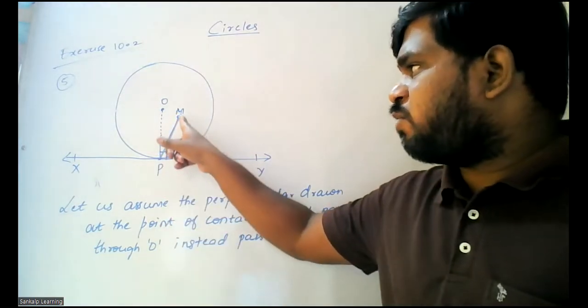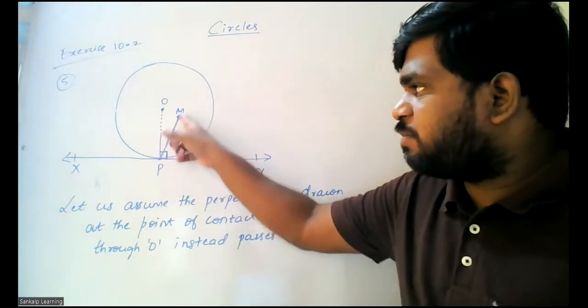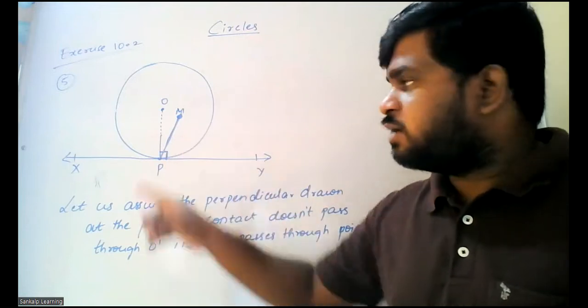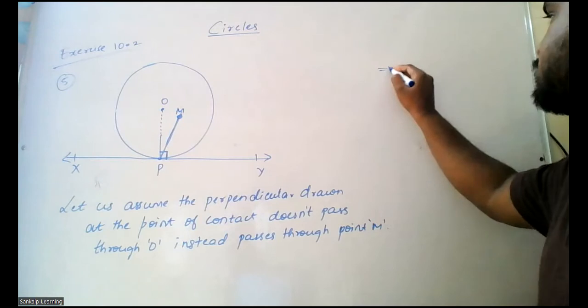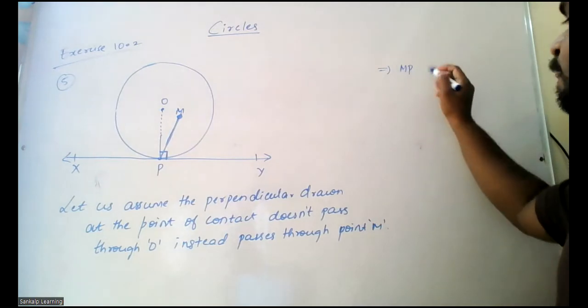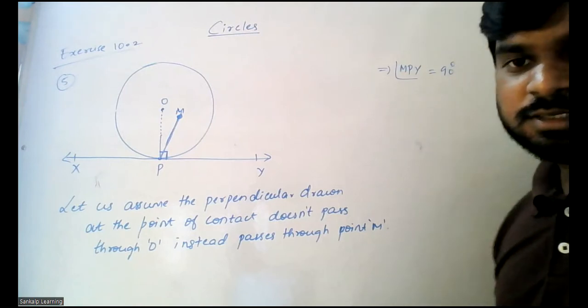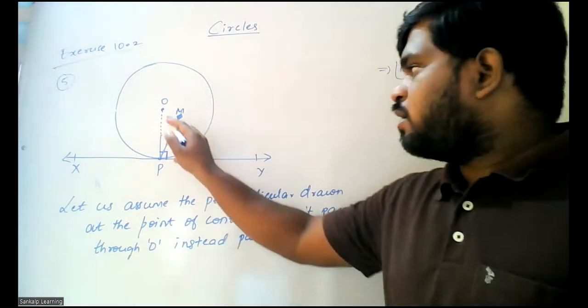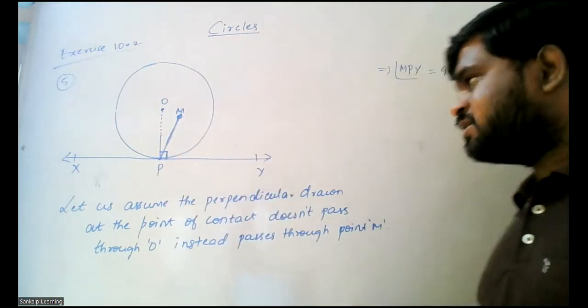If it is perpendicular, what will be the angle MPY? I have assumed this to be the perpendicular. Assume that this line is perpendicular to this. So angle MPY is equal to 90 degrees. But we already know that OP is the radius and this is the tangent. The angle between radius and tangent is 90 degrees.